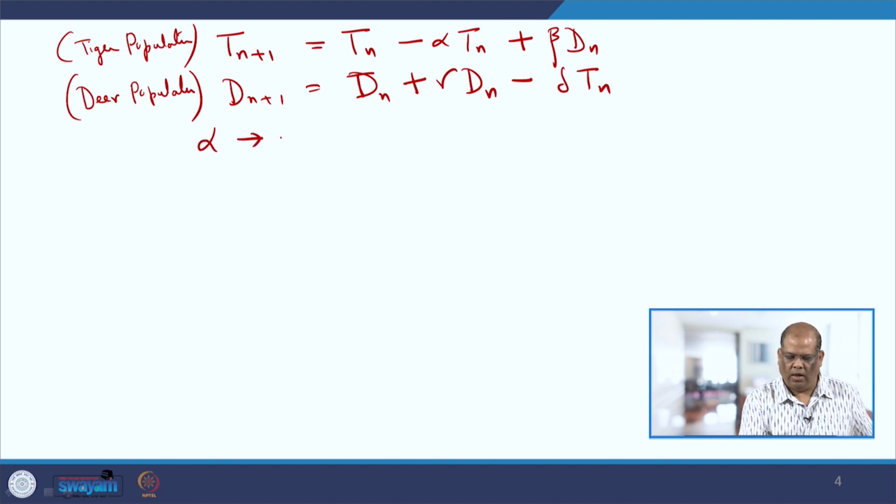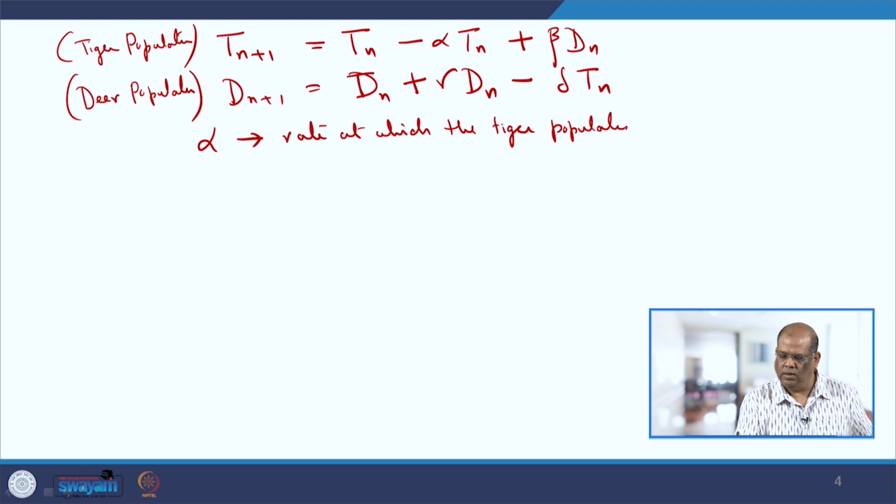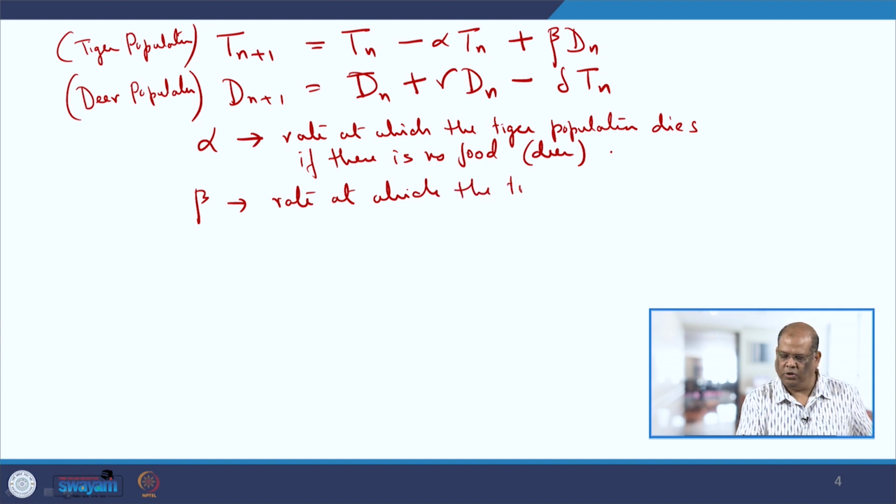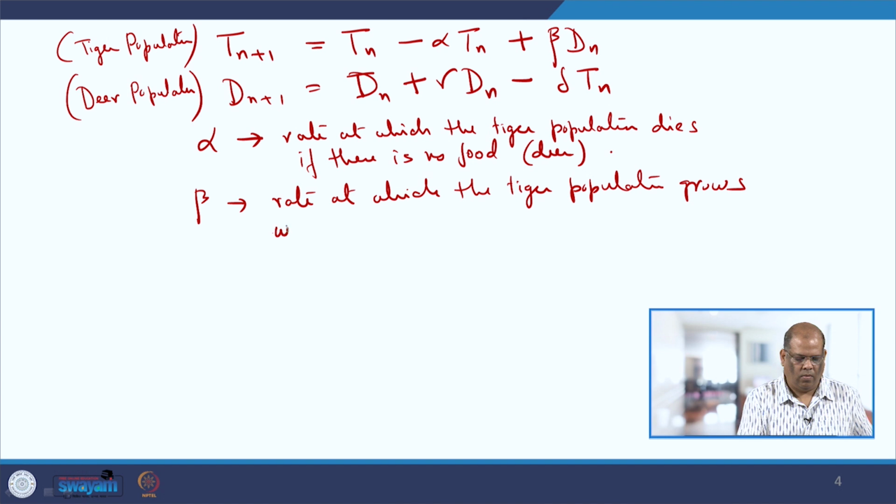So, here alpha is the rate at which the tiger population dies if there is no food, in this case deer, and beta is the rate at which the tiger population grows when it comes in contact with or kills and eats the deer.